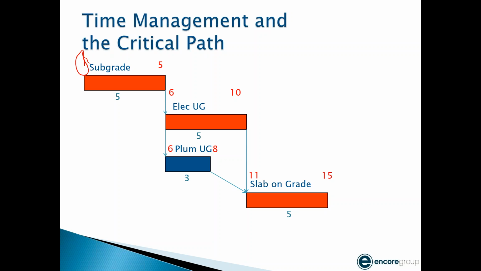My electrician and plumber then can start on day 6, say the next week, and my electrician's going to finish on day 10, that Friday. My plumber could finish on day 8. But since my electrician's not going to finish till day 10, my slab on grade won't start till day 11. And then it will finish on day 15. That's the process of calculating what they call a forward pass.